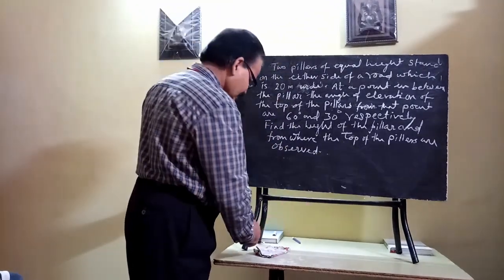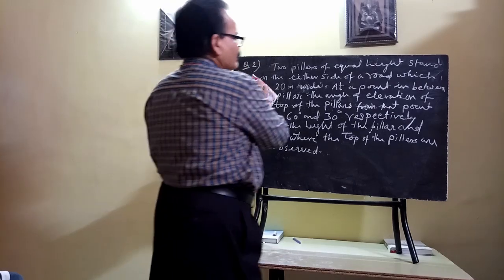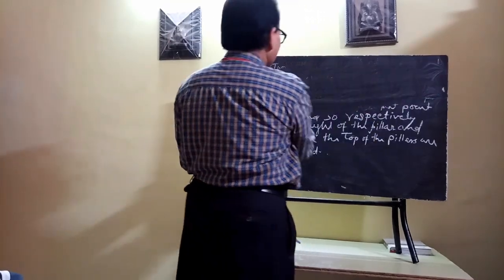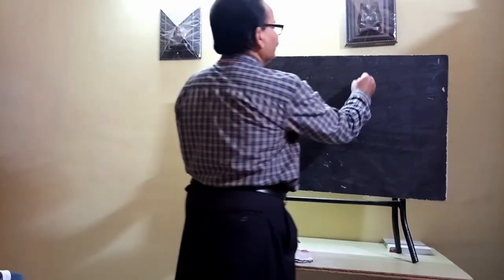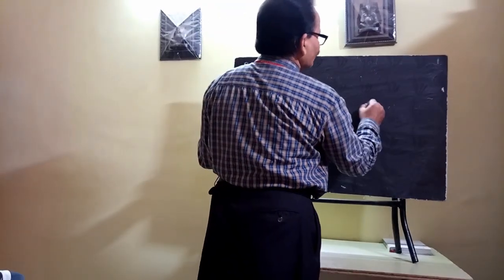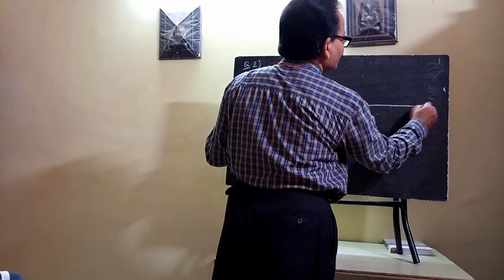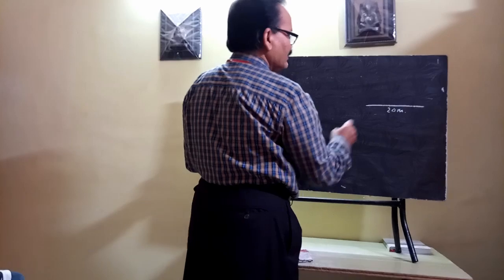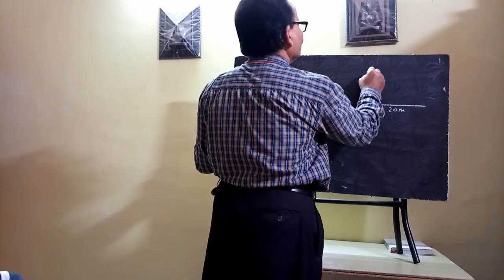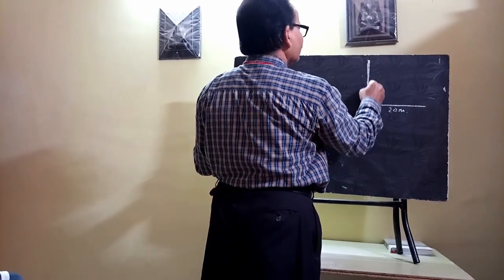Okay, clear? So first you have to draw the diagram. Suppose this is the width of the road. Width of the road is your 20 meter. Both pillars are of equal height.